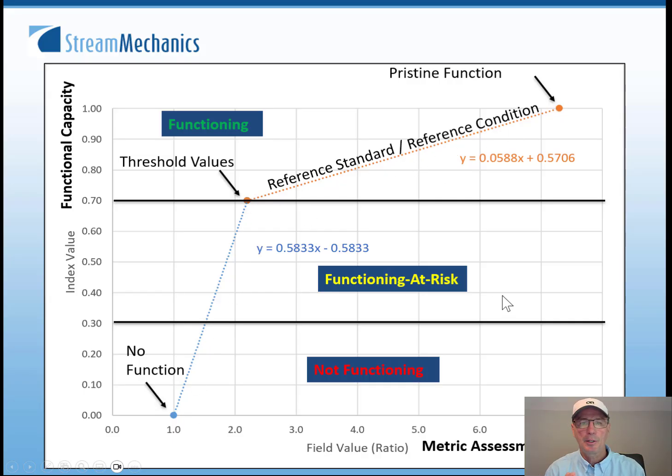The purpose of the equations is to give us that change in functional capacity per change in the metric assessment result. It is just a finer way to capture functional capacity change than just having categories of good, fair, poor. You can't tell where you are within those categories. So that's the purpose of the equations.